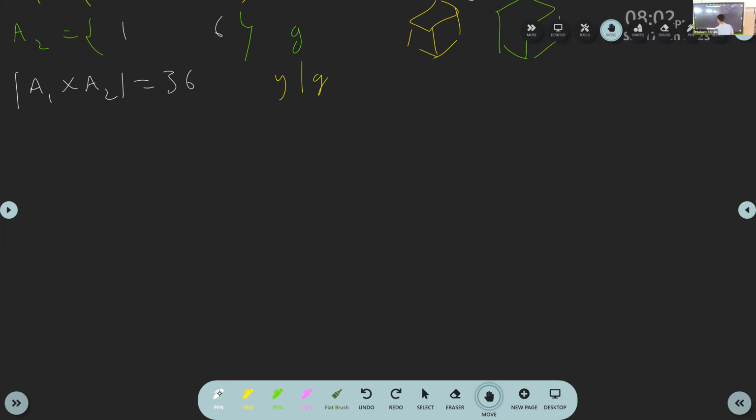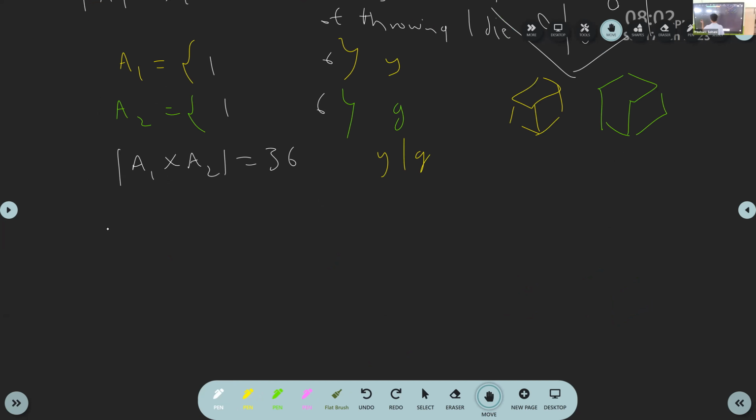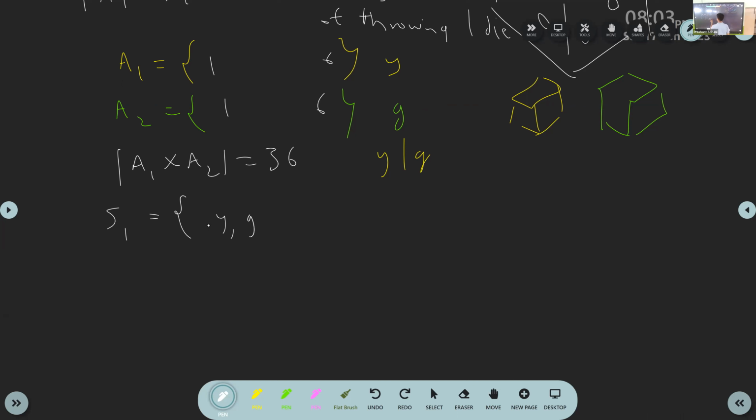Let me call them sets. Set S1 is all the possibilities where the property has to be true and the second element is 1.